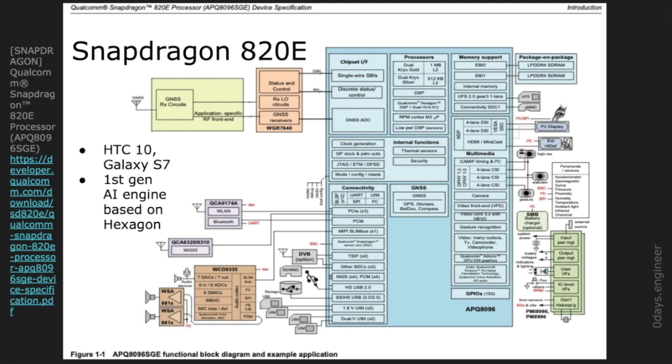And this particular diagram is from a technical specification of a particular model, 820. Also, this particular model of Snapdragon is a bit interesting because it is the first one that included the artificial intelligence agent, which is also based on Hexagon.